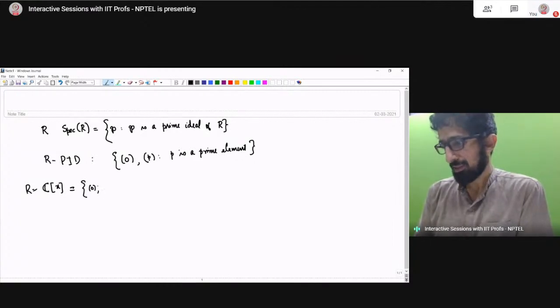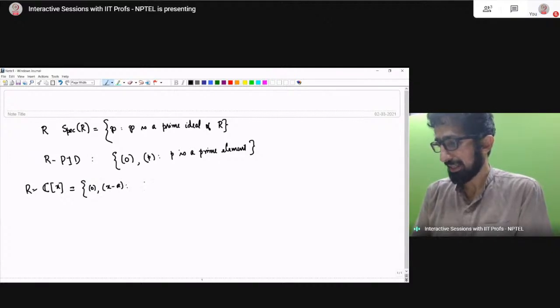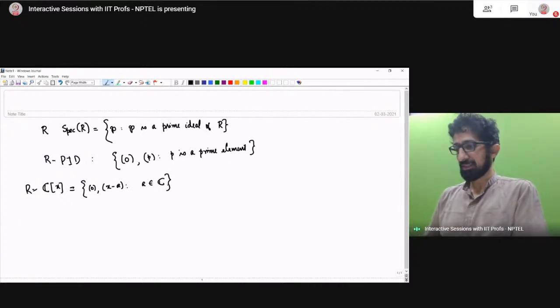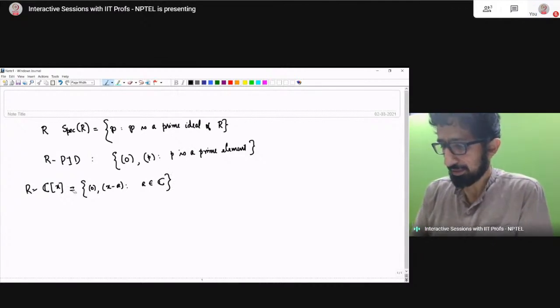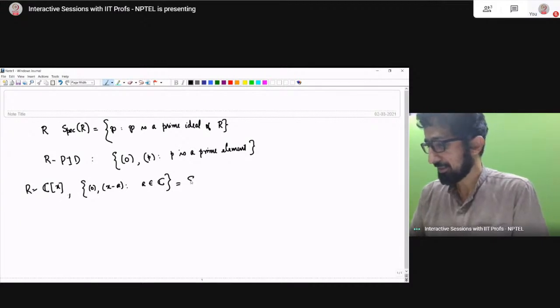So you have 0 is a prime ideal, and other than that, you have the ideal generated by x minus a, where a ranges over all complex numbers. Then this is Spec of R.